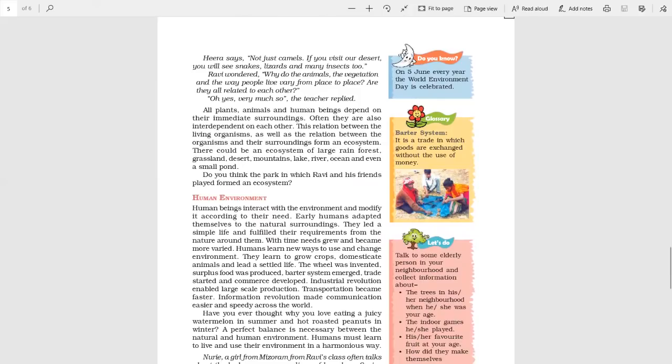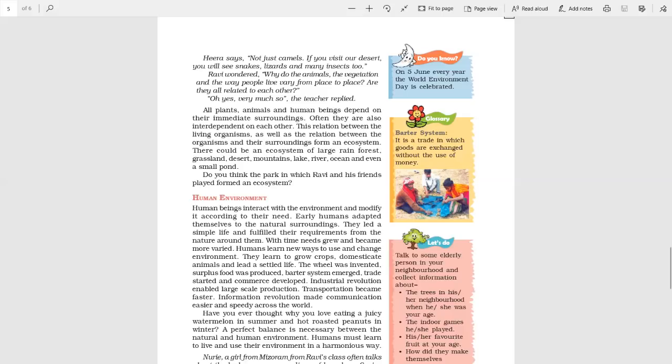"Oh, yes, very much so," the teacher replied. "All plants, animals, and human beings depend on their immediate surroundings. Often, they are also interdependent on each other. This relation between the living organisms, as well as the relation between the organisms and their surroundings, together form an ecosystem.